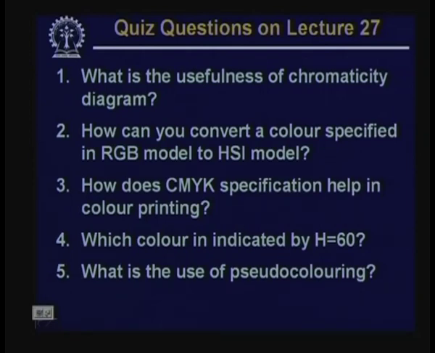Third, how does CMYK specification help in color printing? The fourth question, which color is indicated by H equal to 60, that is, hue equal to 60? And the fifth question, what is the use of pseudo coloring techniques? Thank you.